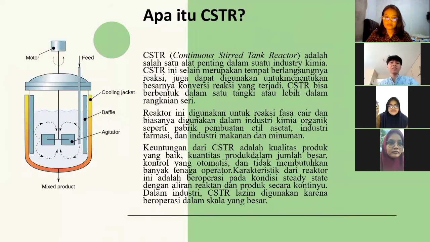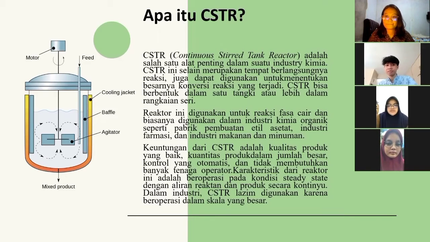Next I give it to Nur Asisa Fajria Putri to explain what is CSTR. Okay, what is CSTR? CSTR, or Continuous Stirred Tank Reactor, is one of the reactors used in the chemical industry. CSTR is not only a place where the reaction takes place.